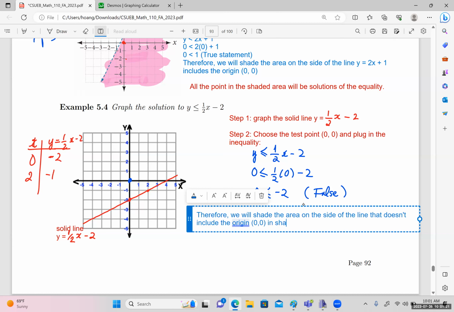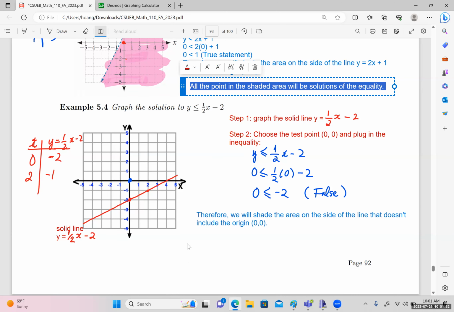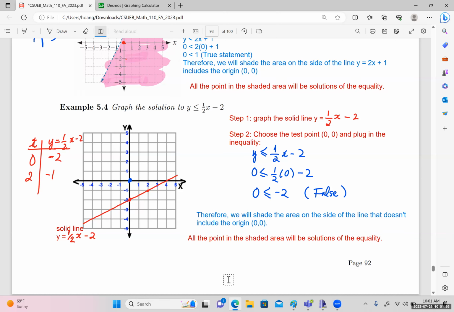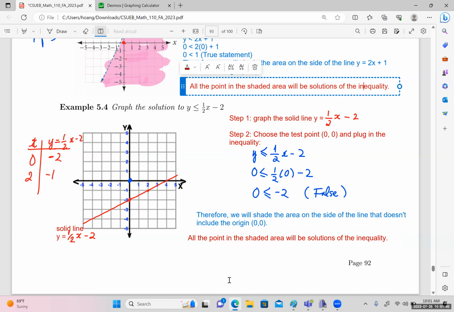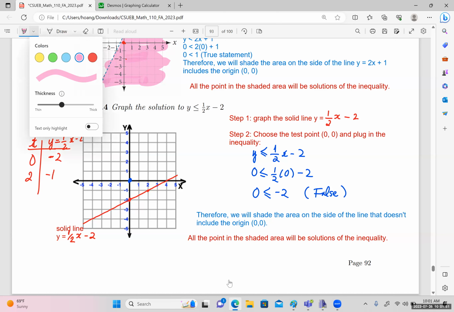Okay, so that will be it, and the points in the shaded area will be the solution of the inequality. Right? So what is the area associated?